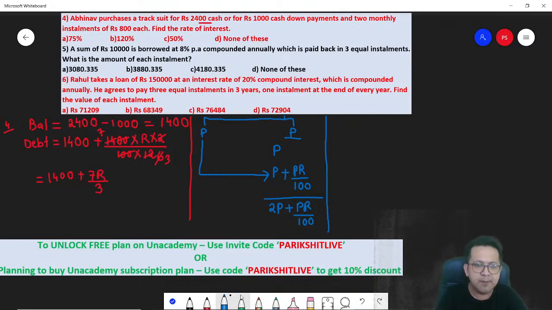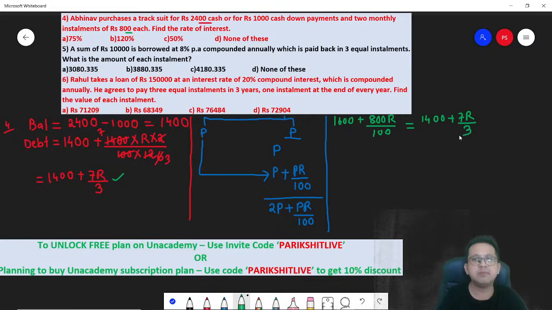What is P here? P is the monthly installment, which in our case is 800. So 2 into 800 is 1600, plus 800R by 100. This must be equal to the total debt, which is 1400 plus 7R by 3.